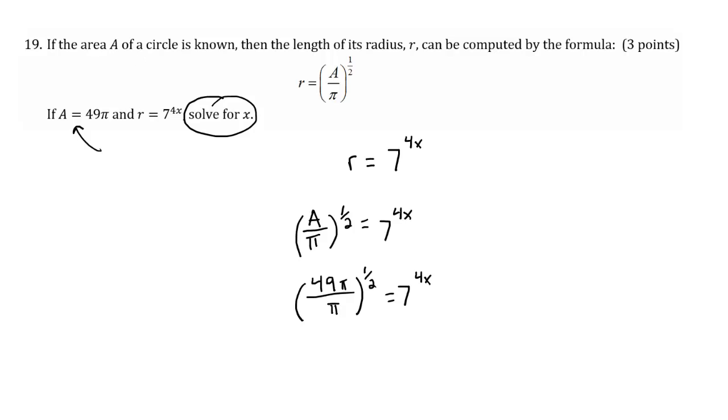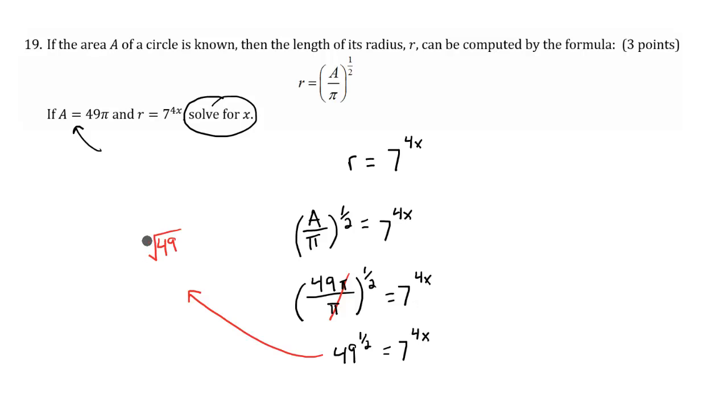So now let's simplify some things. I see that I have pi over pi, so that goes away. And then I'm left over with 49 to the 1/2 power, which equals 7 to the 4x power. Now I'm going to rewrite 49 to the 1/2 power in radical form, and this 2 gets swung around.